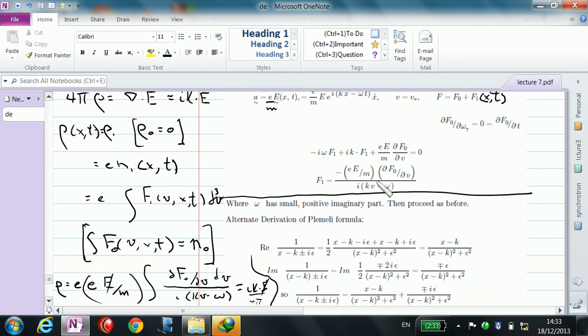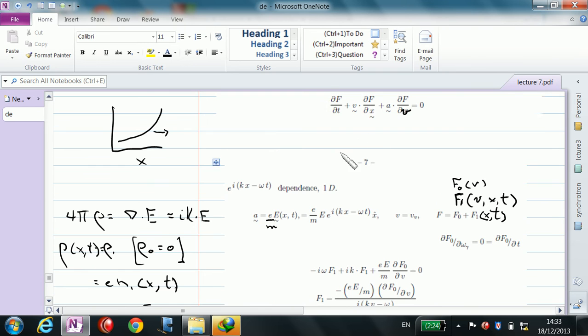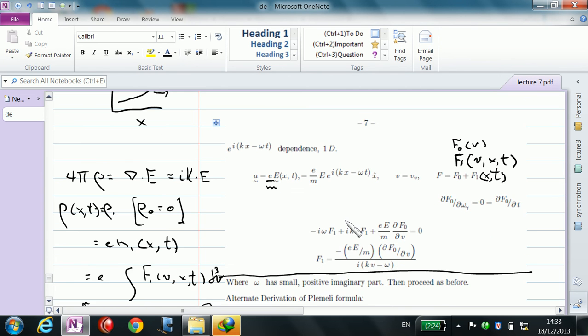And actually, this is just what I did before. It's just I calculated delta v, and here I'm just calculating delta v, delta t. But it's the same thing. But here you get to replace these derivatives with this e to the i(kx minus omega t) dependence.